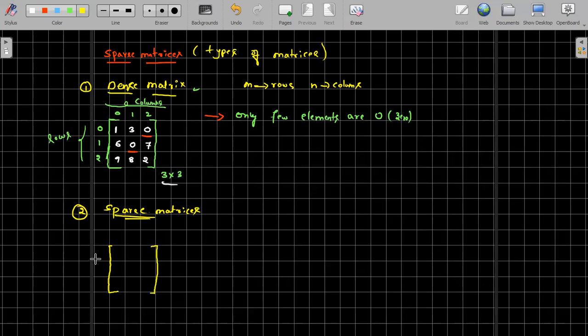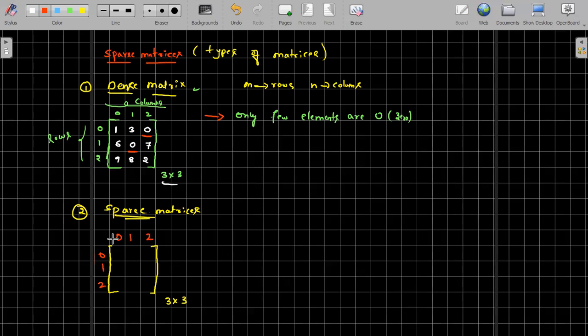These are all rows and columns in this 3 cross 3. We have 3 rows, 0 1 2, and 3 columns, 0 1 2.